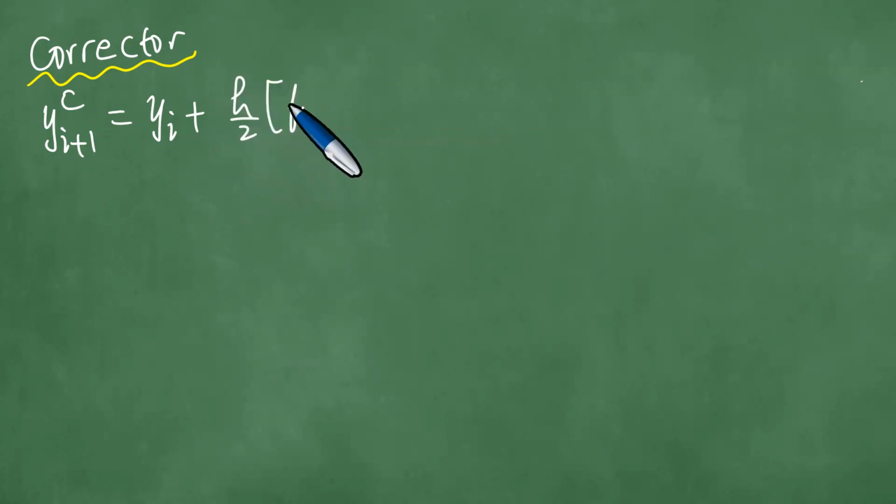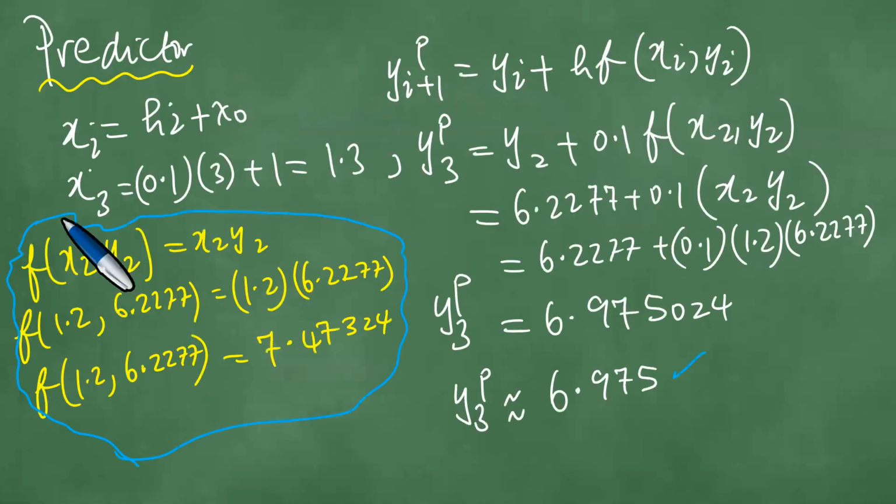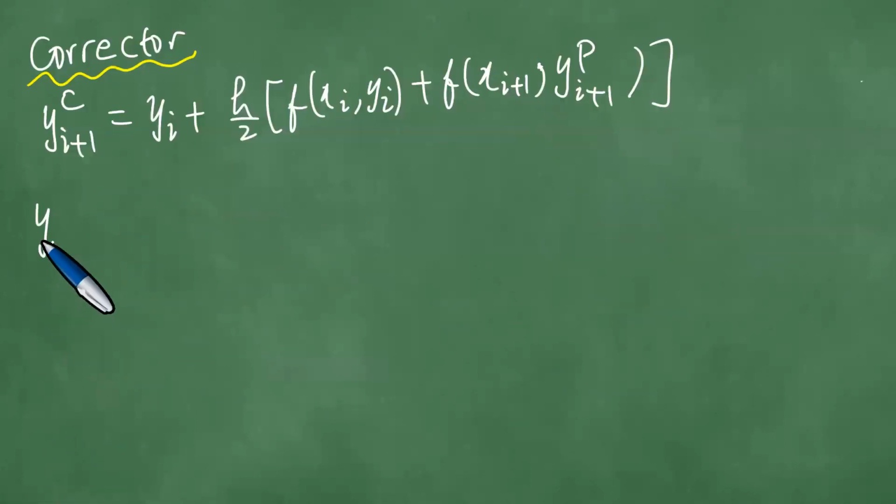After we've written this formula, then we'll see what we need to substitute into the formula so that we gather it from the previous calculations. So you have x i plus 1, because then you get a little bit mixed up here. Now, because we had x3 here, we're looking for the y3 for the corrector. Y3 corrector.